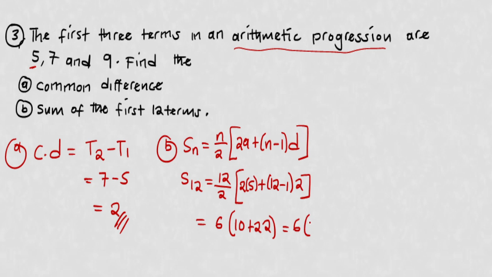Then 6 multiplied by 32, we get 192. So this is the sum of the first 12 terms. So that's basically how you can do that.